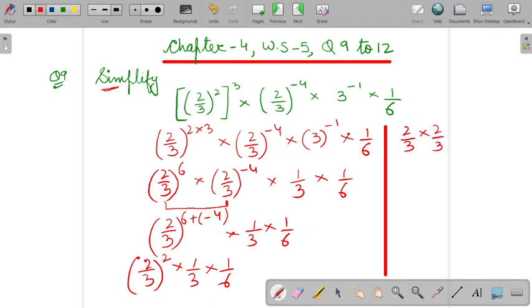Since the power is 2, so you will write 2 by 3 2 times and 1 by 3 multiply 1 by 6. So what should be next step? Cancel the term. So whatever be the left, you will multiply together. So it will be 2 upon 81 as the answer.